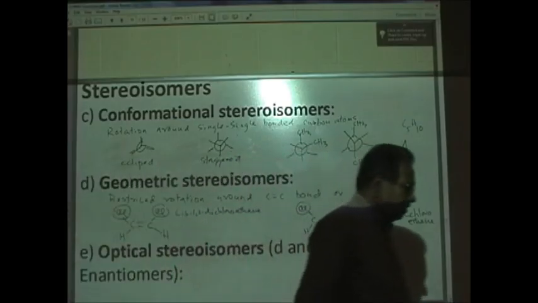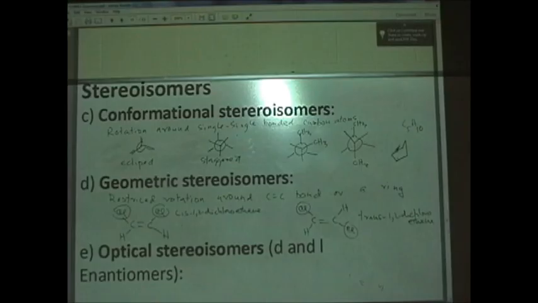Okay, now this is a little complex. We're going to talk about this a little more when dealing with biochemistry. Let me show you something. Now I want to emphasize, how many of you have a model set?